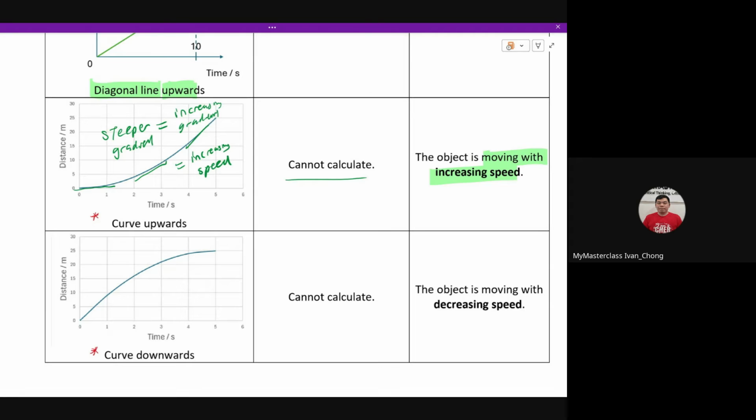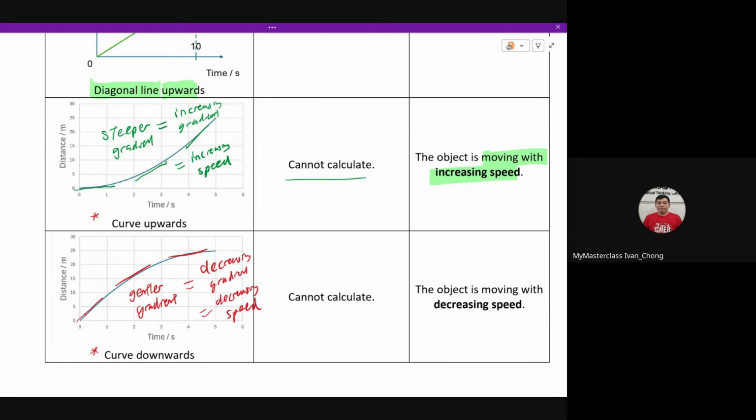The reverse is true as well. If at the start you are steep, but then you get gentler, this is a gentler gradient. If you forgot what gradient is, gradient is your slope. Your slope is getting softer and softer, so you have a decreasing gradient, and because of that, a decreasing speed.